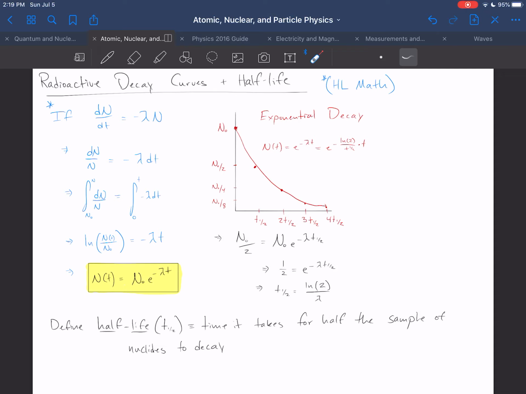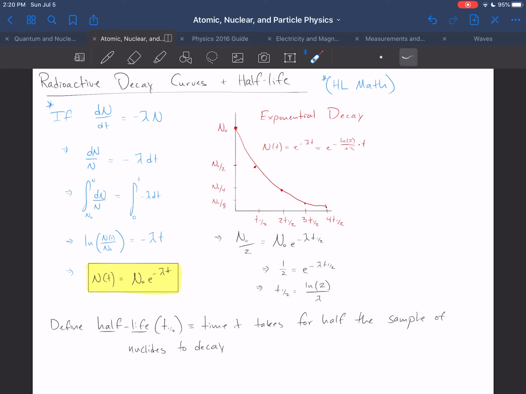So if a particular time takes us from N naught to N naught over 2, then it will take exactly the same amount of time to go from N naught over 2 to N naught over 4, and from N naught over 4 to N naught over 8. This makes a very distinctive decreasing curve, as shown.